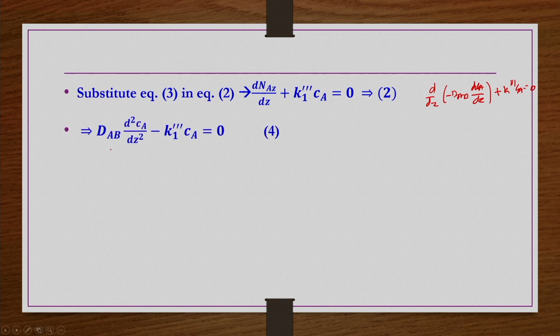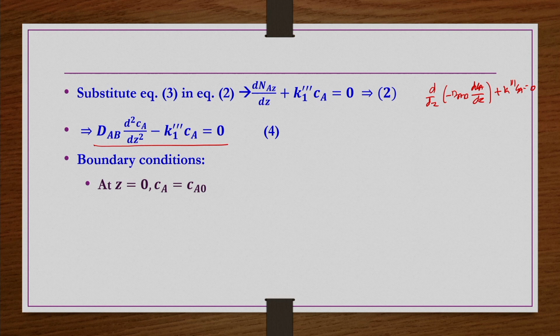So minus DAB d square Ca/dZ square plus K1 triple prime Ca equals 0, that is DAB d square Ca/dZ square minus K1 triple prime Ca equals 0. This equation we have to solve to get the concentration profile. Boundary conditions we have already seen: at Z equals 0, Ca is Ca naught, and at Z equals L, dCA/dZ is 0, which means NaZ is 0.